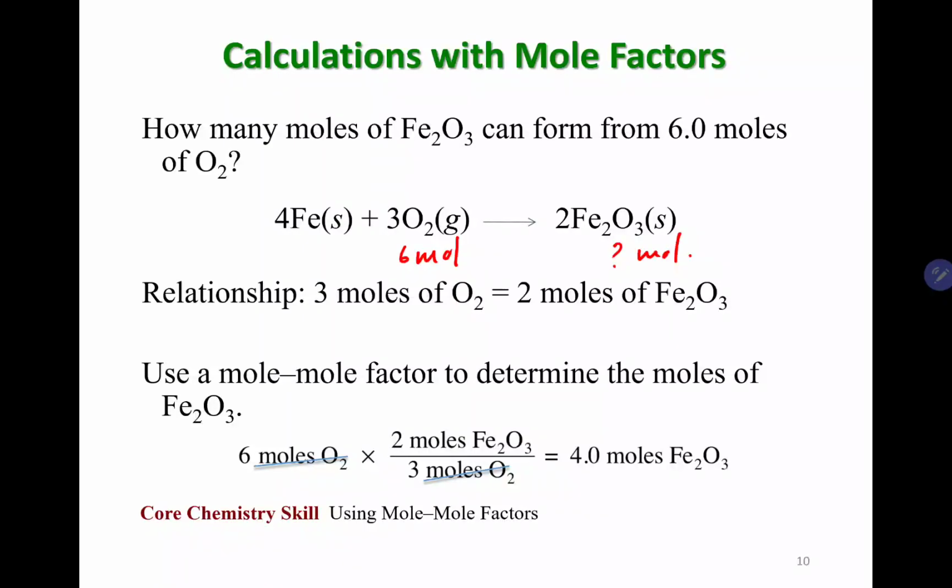This is actually one of the key quantification calculations that we will do in this chapter. In chemistry, it is very common to know how many reactants you should use in order to generate a certain amount of products.